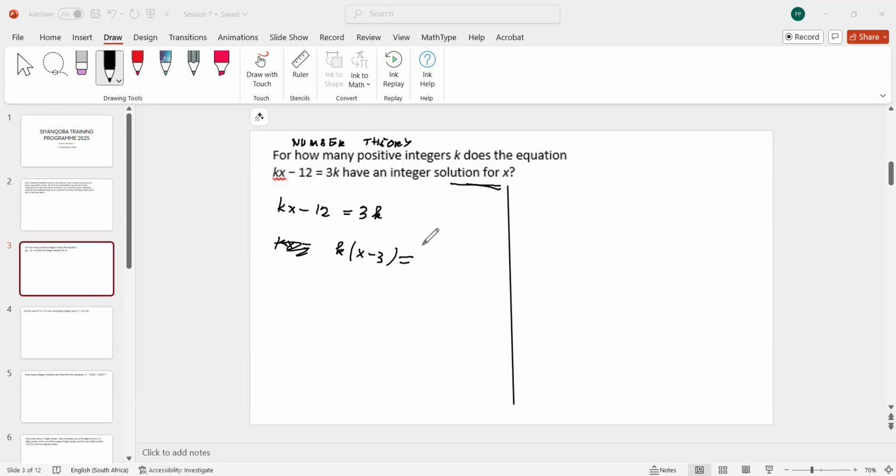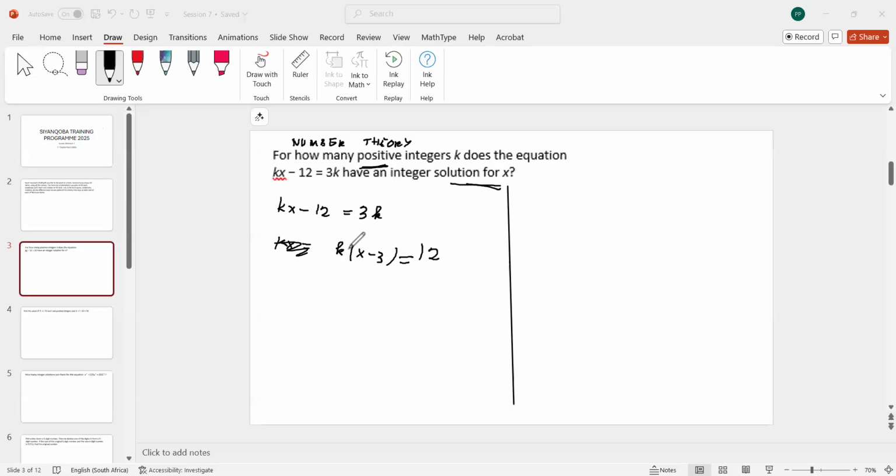And if you put 12 on the right-hand side, here you have a product of 2 integers, because x is an integer and k is an integer. You've got the product of 2 integers equal to 12. But positive. That's very nice. So we don't have negative values for k. So k is a positive integer.